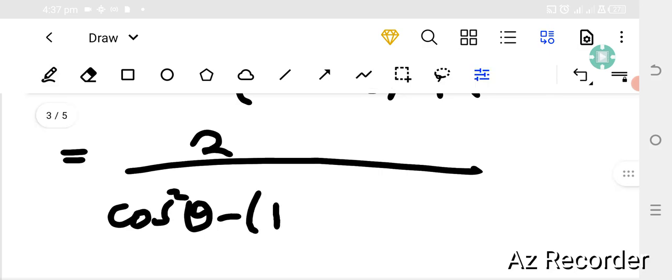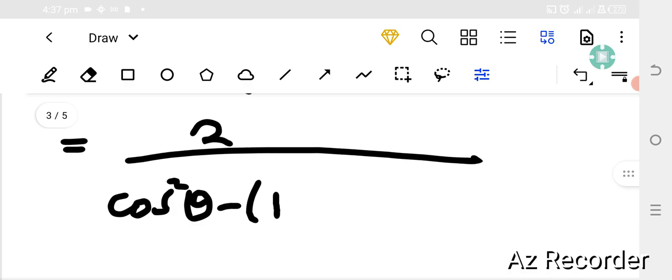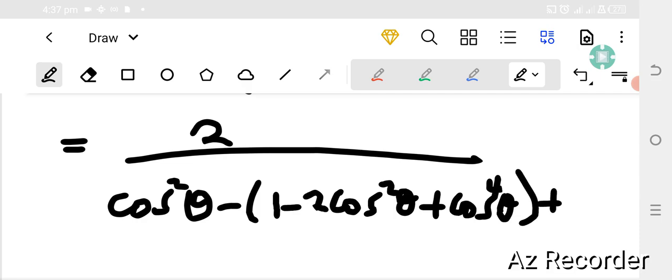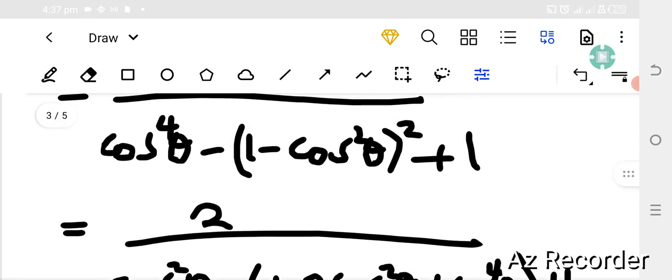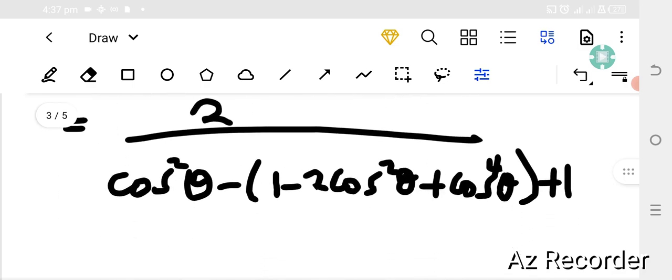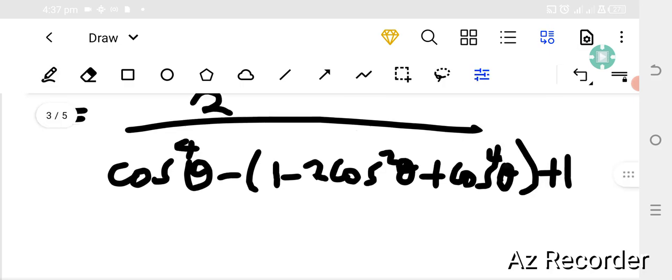A 1 multiplied by a negative cos theta squared is negative cos theta squared times 2, so we're going to have a minus 2 cos theta squared. Cos theta squared multiplied by cos theta squared is going to be plus cos theta to the power 4, then plus 1. So I've just taken note that here it was supposed to be cos theta to the power 4, as you can see right there, and I wrote cos theta to the power 2. So let's just correct that. Okay, so we're going to write cos theta to the power 4 like that.